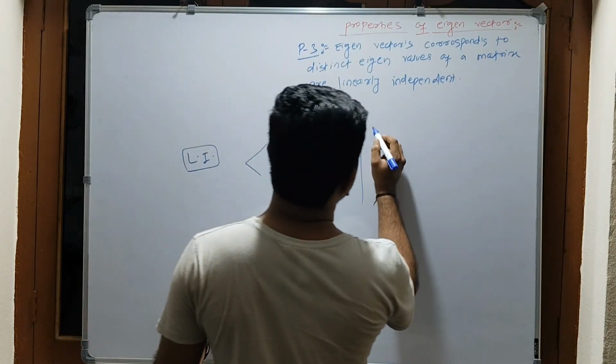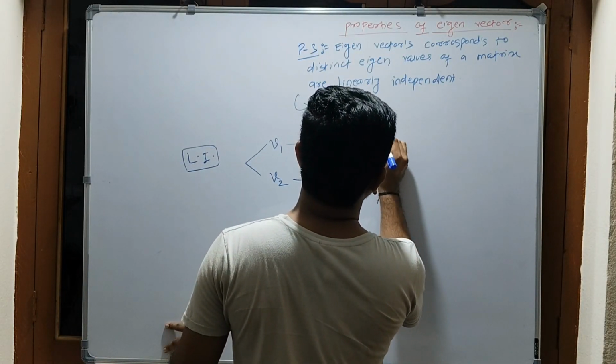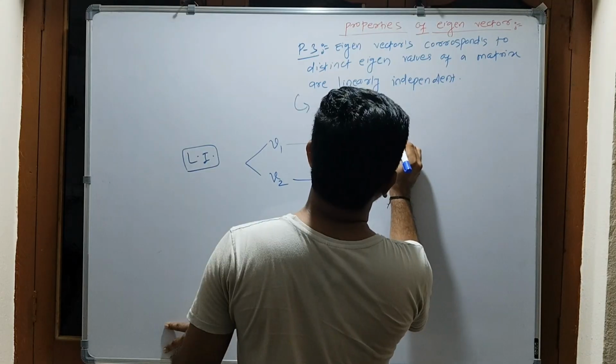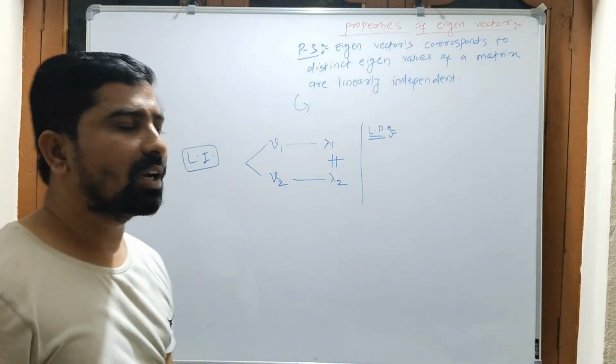What is meant when we say that two vectors are linearly dependent?